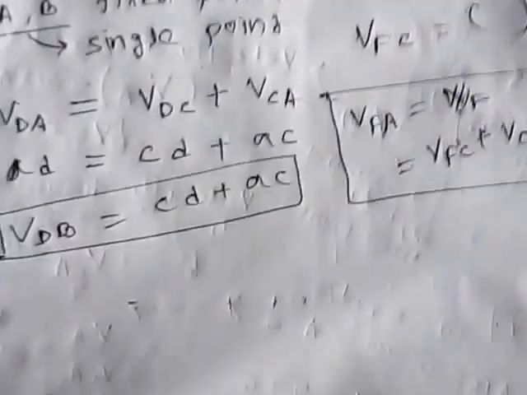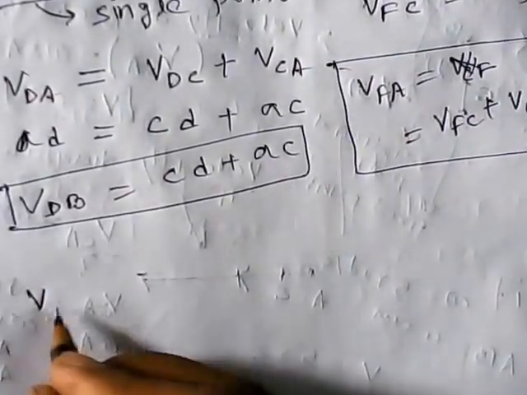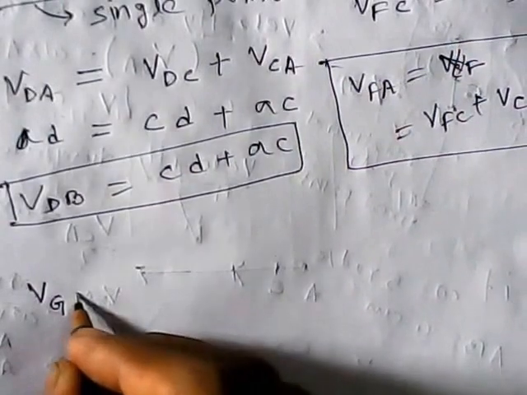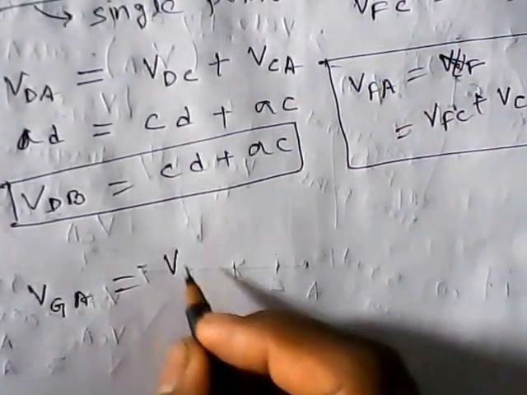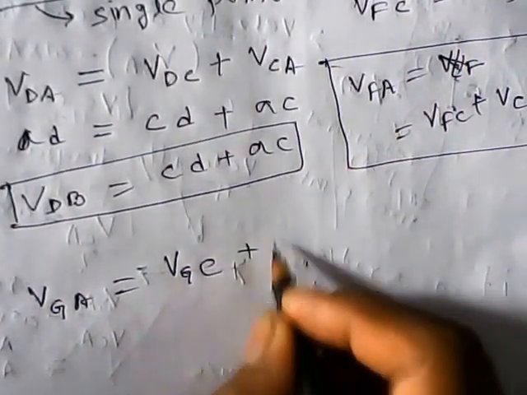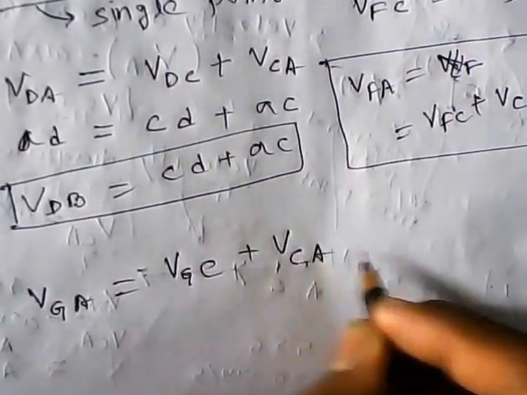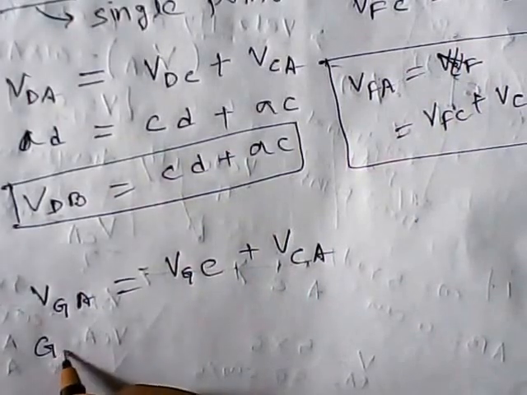So velocity of G with respect to point A equals velocity of G with respect to point C plus velocity of C with respect to point A. A is the fixed point.